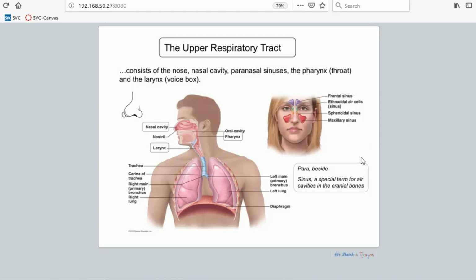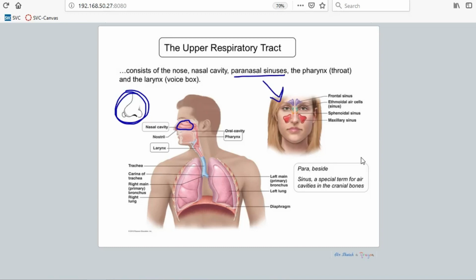Okay, so there's an upper and lower respiratory tract, and we're going to start with the upper, and essentially all of that right there is the upper respiratory tract. The upper respiratory tract consists of the nose, the nasal cavity there, what we call the paranasal sinuses.